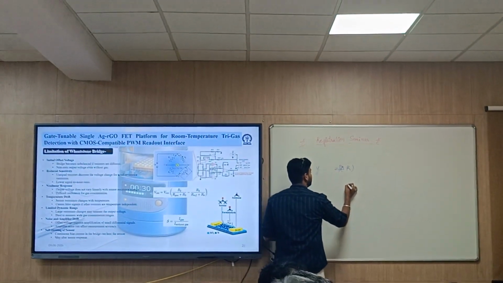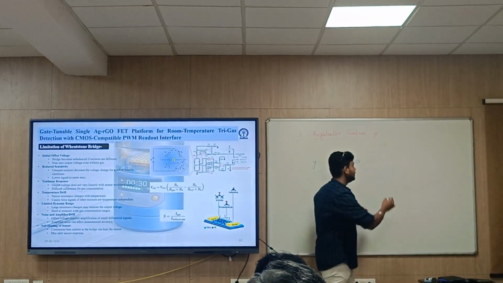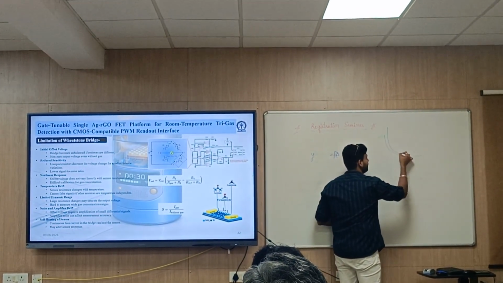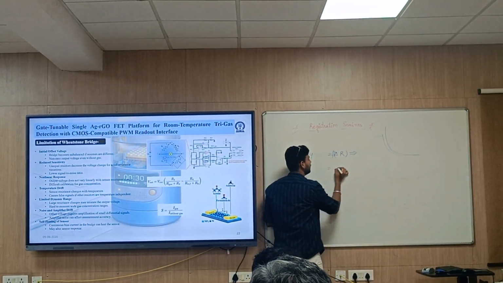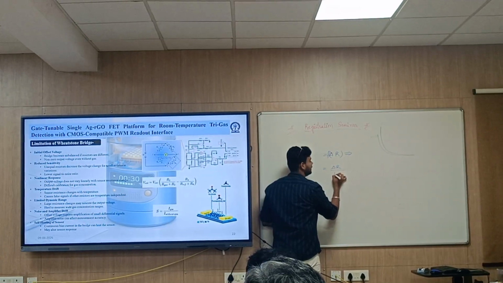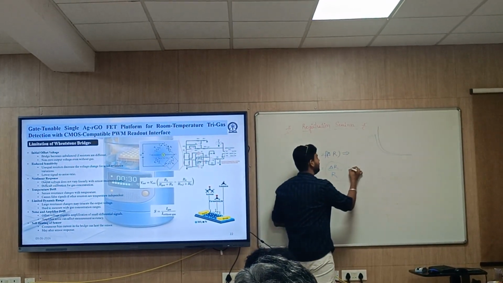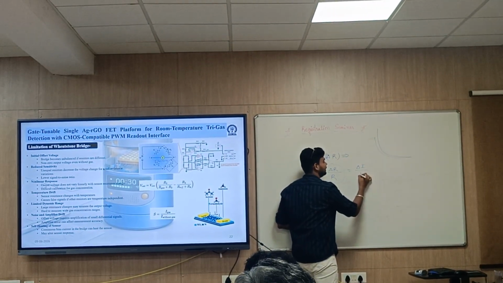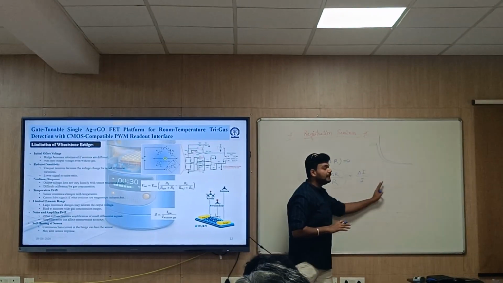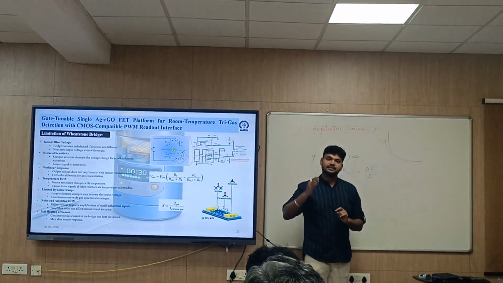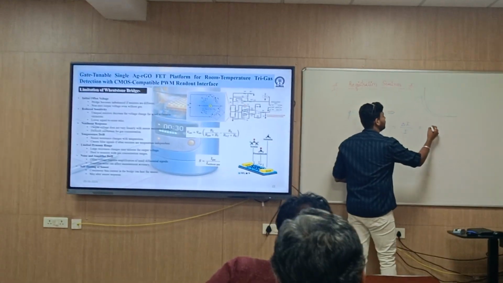But in my case, the changing resistance is very small. Between the two peaks there is not much difference. But if I am able to do this by the circuit itself, the interfacing circuit, we can detect the peak and dip by using peak detectors. So what is that?